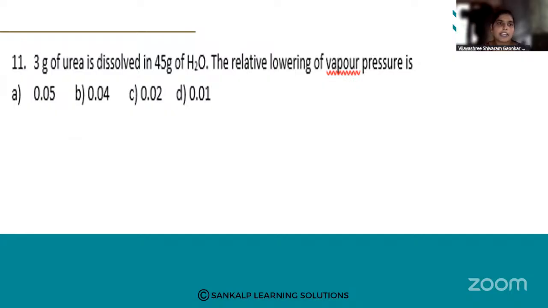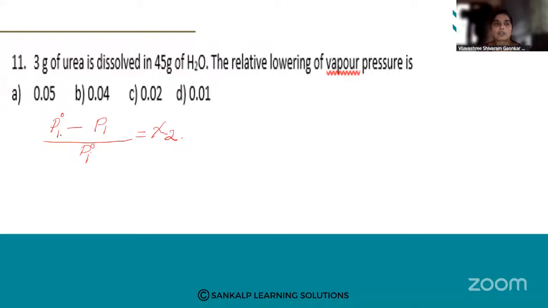3 gram of urea is dissolved in 45 gram of water. The relative lowering of vapor pressure is. There is a formula for the relative lowering of vapor pressure: P0 of component 1 minus P1 divided by P0 of 1 is equal to x2.